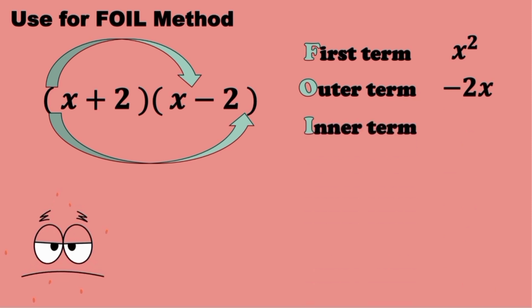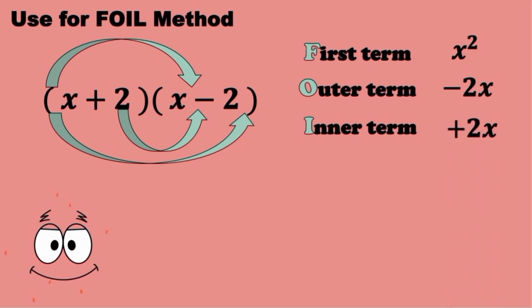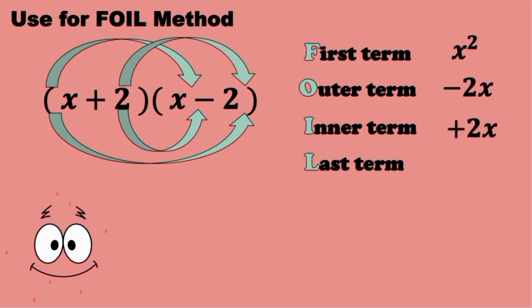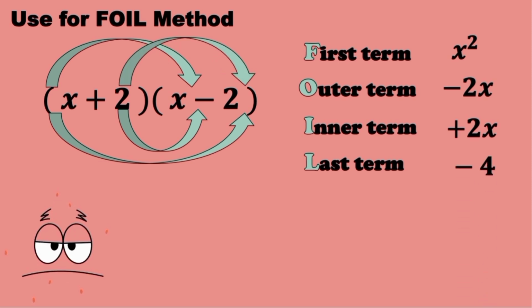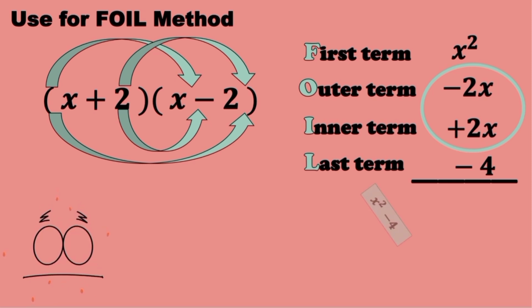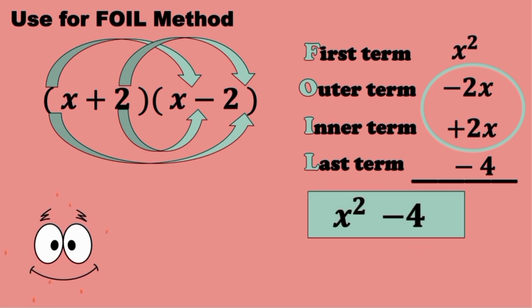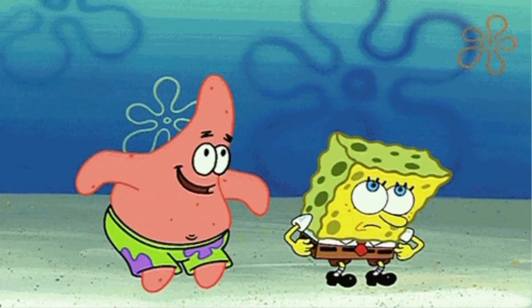For our inner term, we have 2 times x. That is 2x. And multiply the last term. 2 times negative 2 is equal to negative 4. Now let's add the factors. Negative 2x and positive 2x are opposite, so we can cancel them out. Our final answer is x squared minus 4.